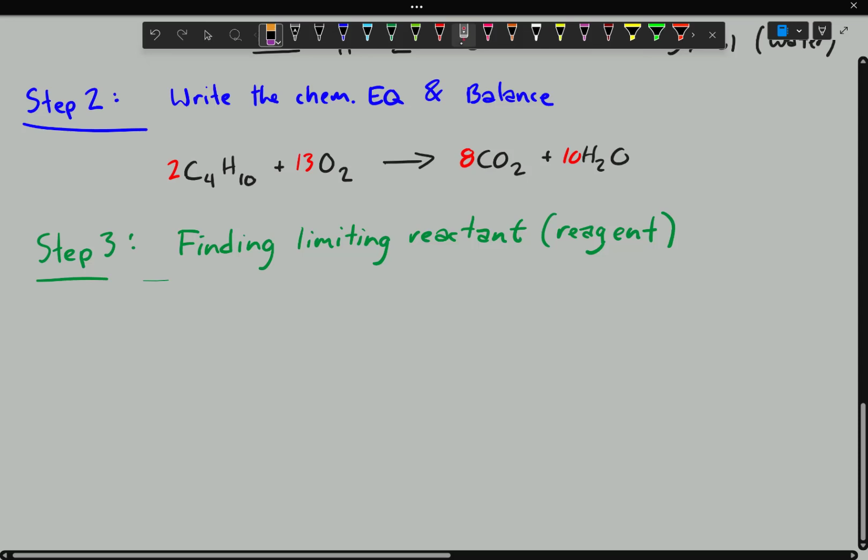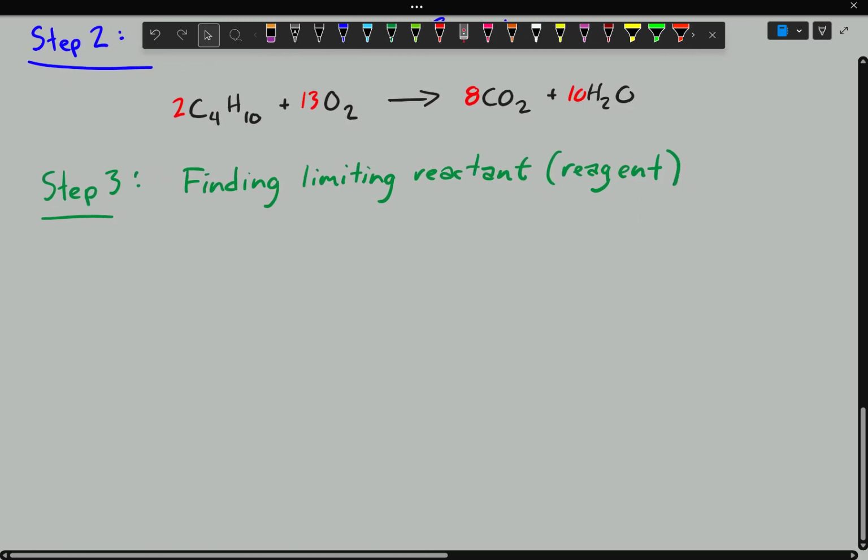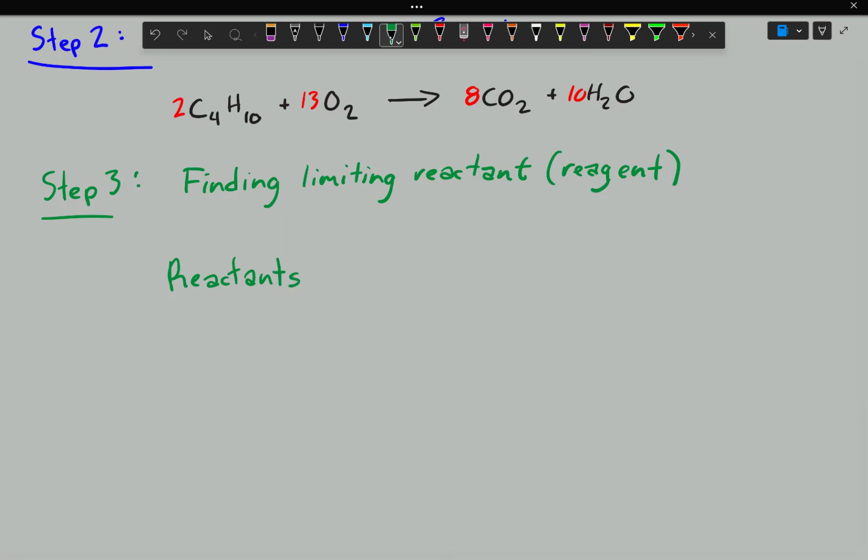So the way we do this is I'm just going to write out reactants, and we want to find out how many moles of each reactant we start with. So let's start with butane, which is C4H10.